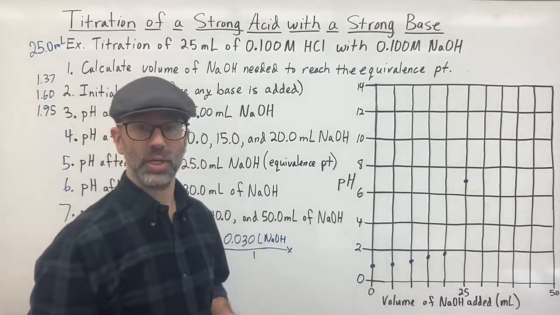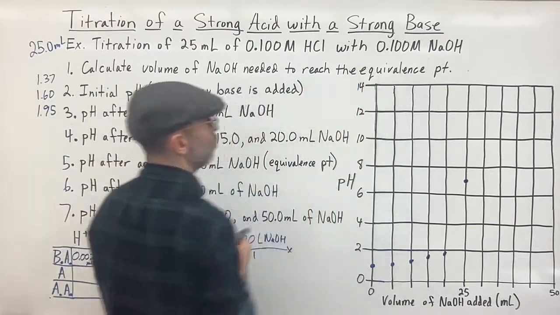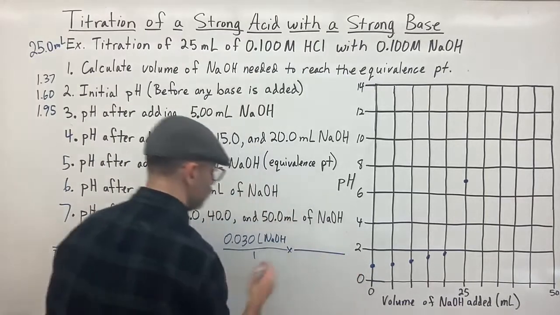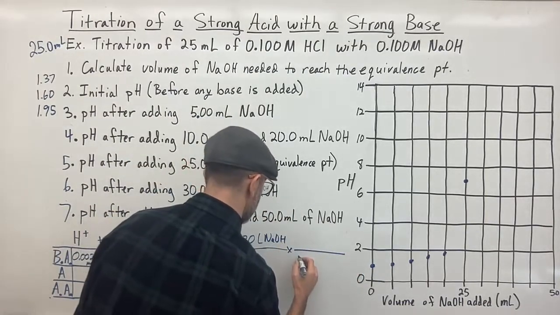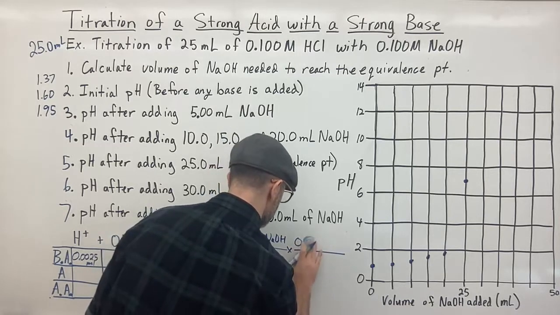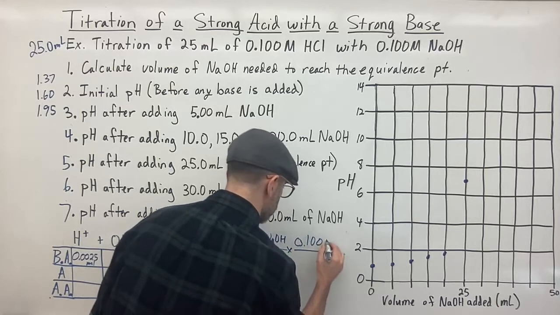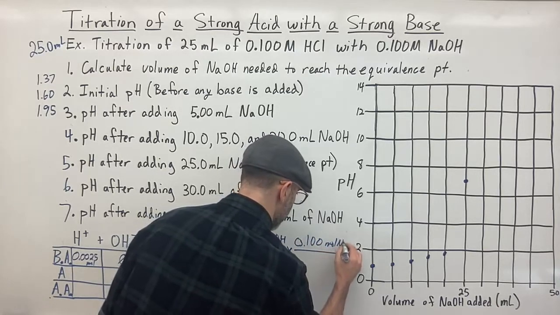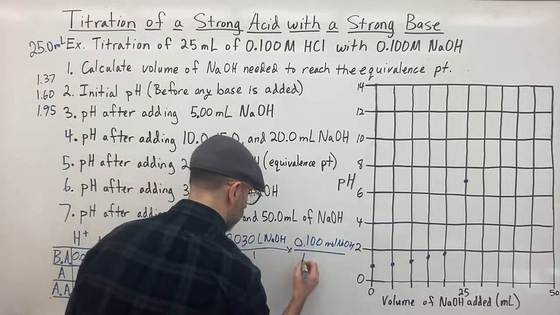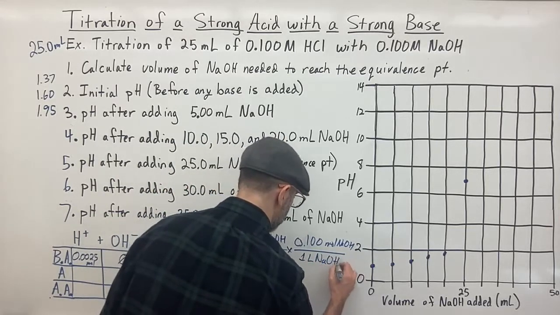So this is going to be 0.100 molar, so liters on the bottom: 0.100 moles of the NaOH, and we have 1 liter of NaOH on the bottom.